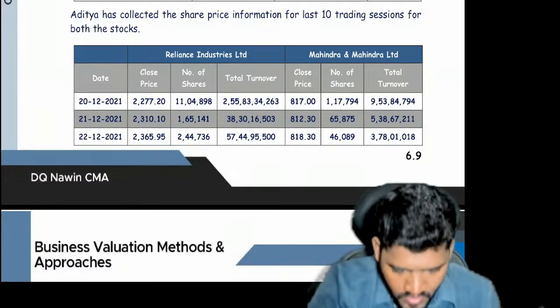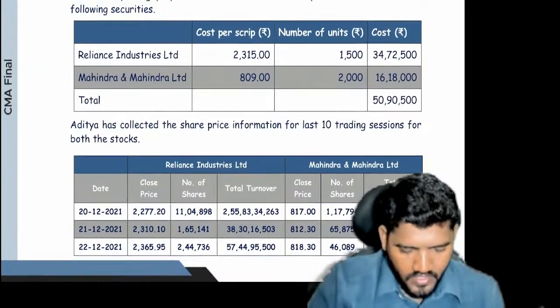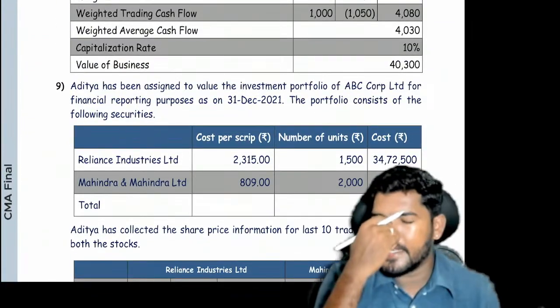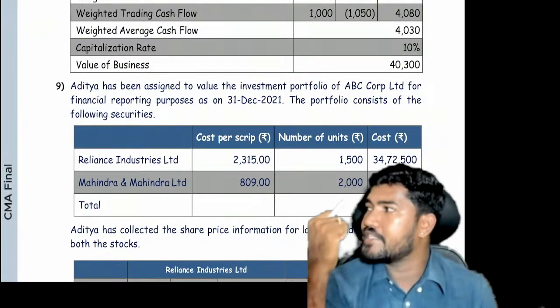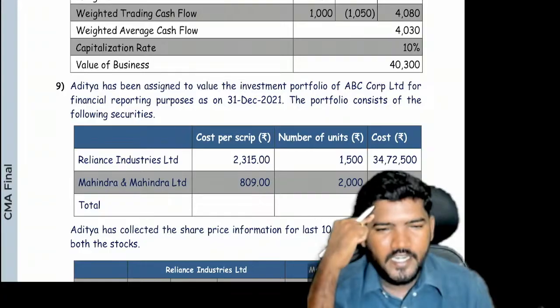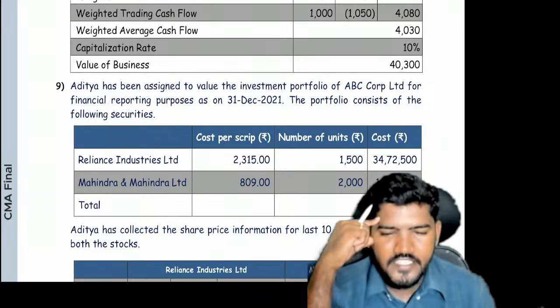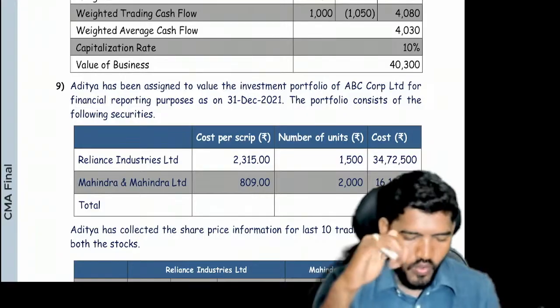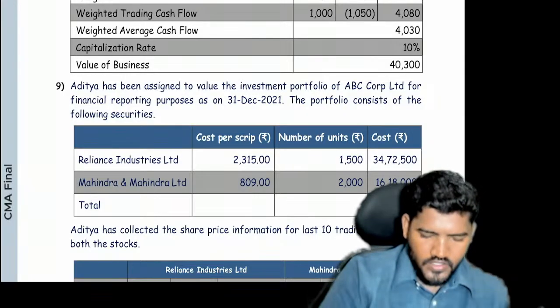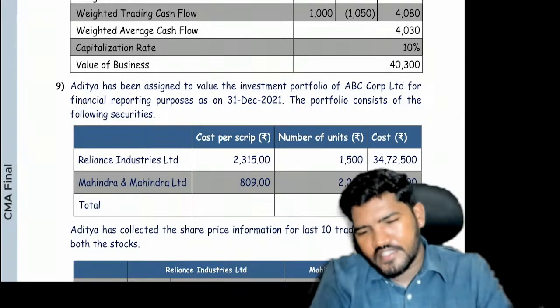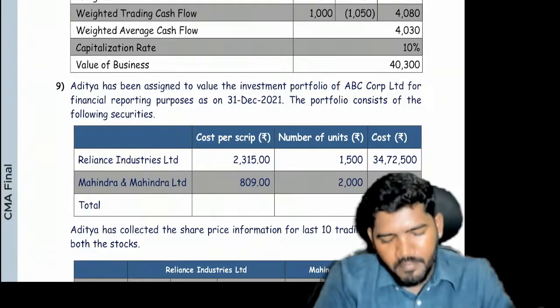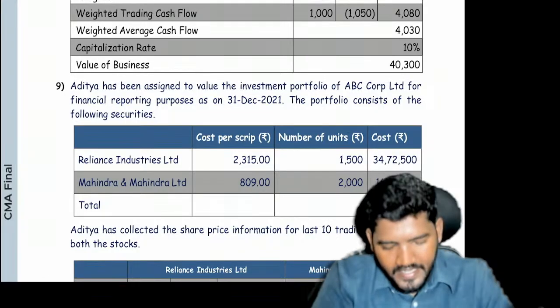Okay then. The next concept is called market approach classification, the market price method. In this market price method, there is a concept called volume weighted average price calculation. As final level students, you already know the meaning of share market.